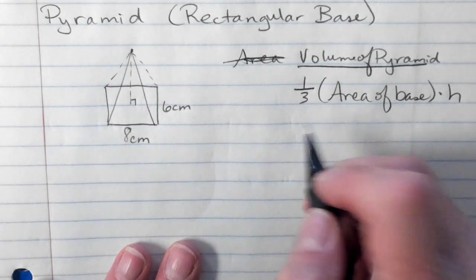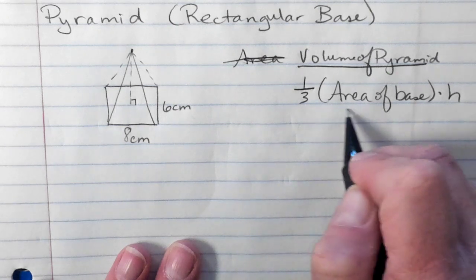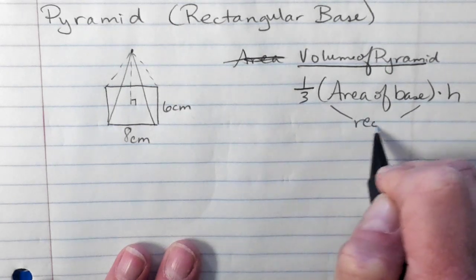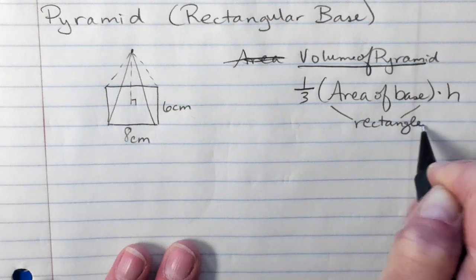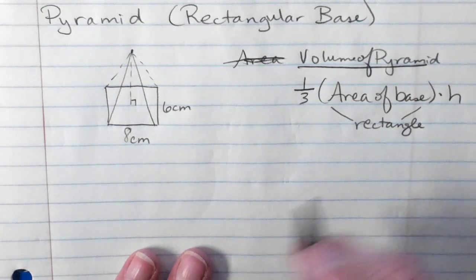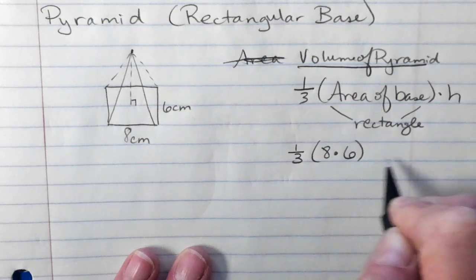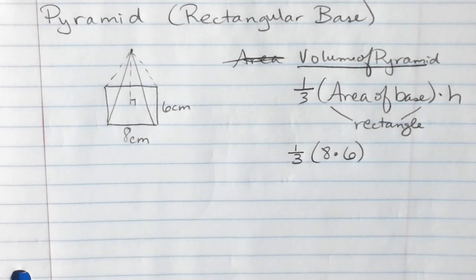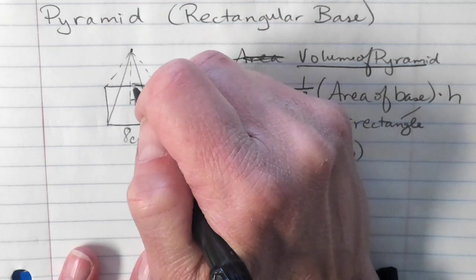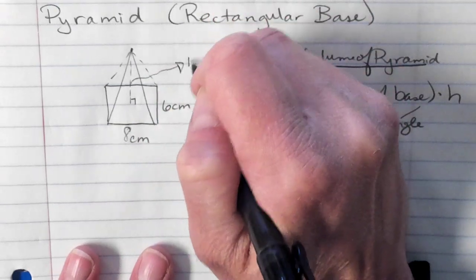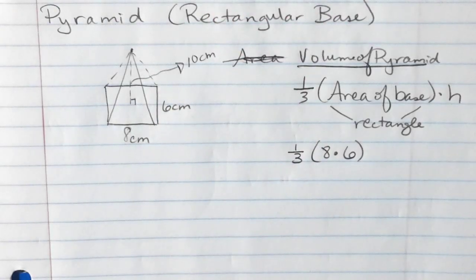For us, we need to think about the area of the base as our rectangle. So this particular base is 8 by 6. And I'm going to tell you that the height is 10 centimeters.